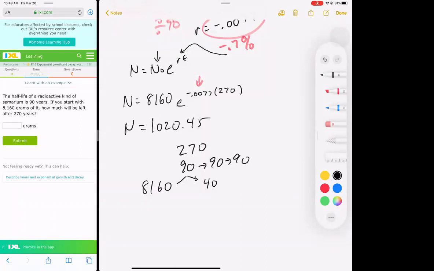Why does this number not seem right? It should have been 2040.